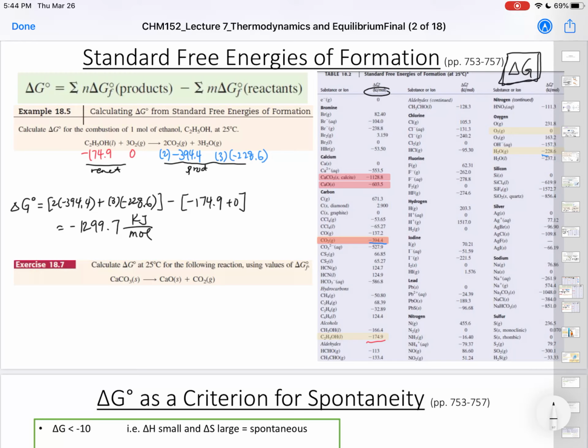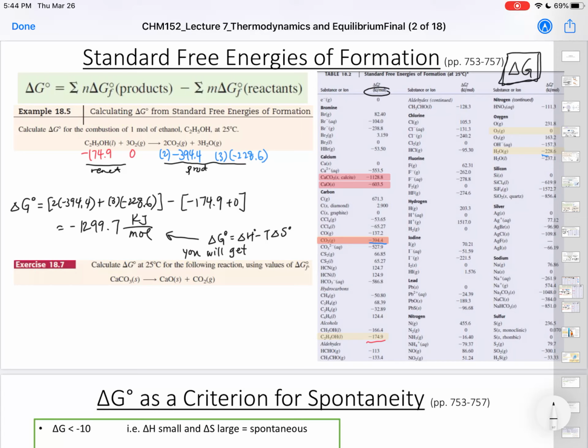Again, what I would do is pull this table from your homework booklet and write delta G very big in a box at the top so you know you're pulling from these values. Now, if you had used your other equation, delta G equals delta H minus T delta S, would you have gotten the same answer?